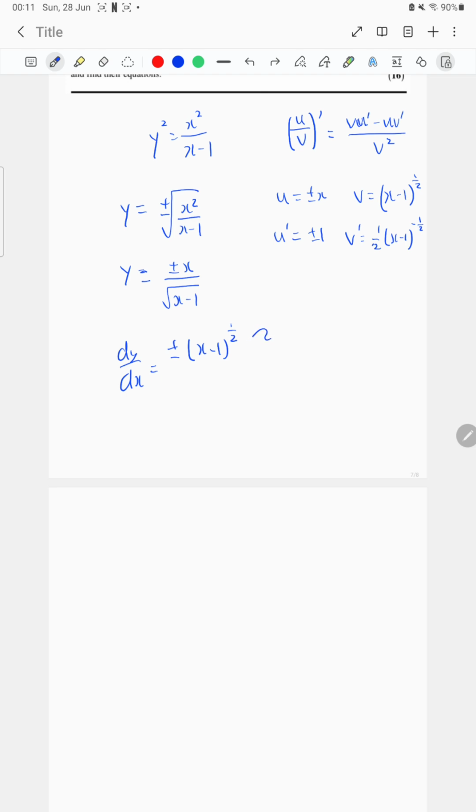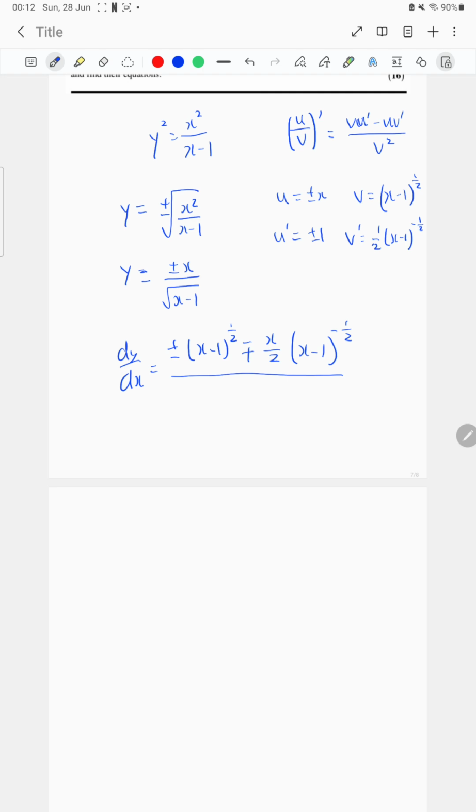So instead of plus or minus, you change it to minus or plus x over 2 times x minus 1 to the power of negative a half. This is different because the first one is the power of a half and the second one is the power of negative a half. Okay, we can simplify.